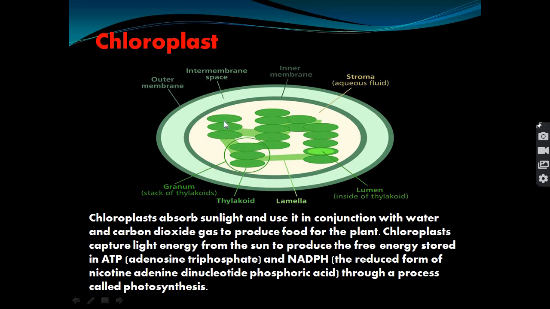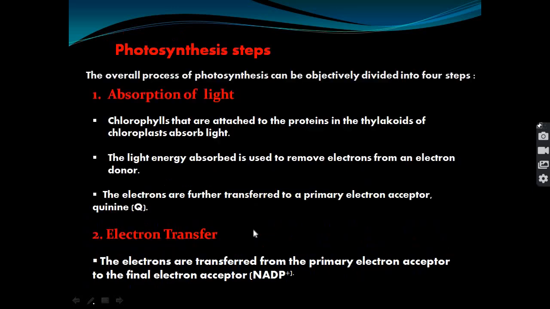A stack of thylakoids together is called a granum. One thylakoid is linked to another thylakoid with the help of lamellae, and the lumen is present inside the thylakoid. So this is the general structure of the chloroplast.